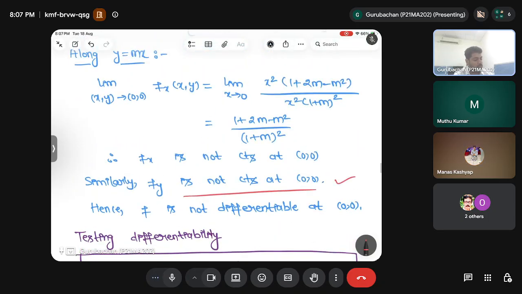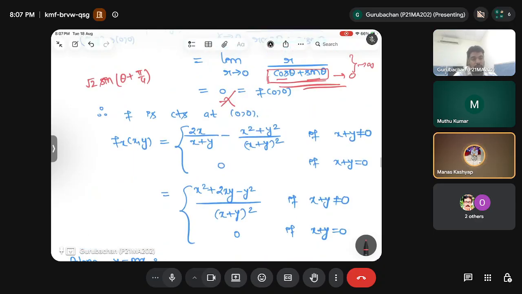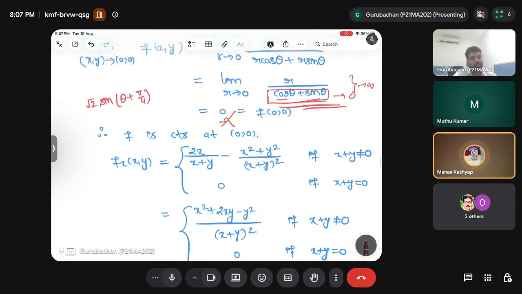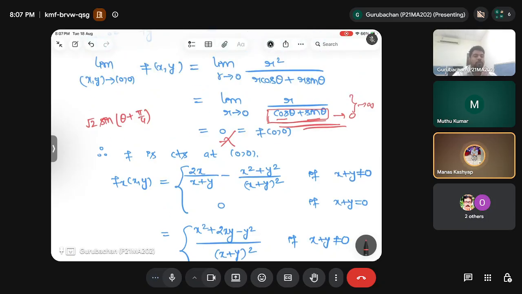If there are one or two doubt points, like pi by 4, 3 pi by 4, minus pi by 4, can we say that the function is not bounded? Let me confirm it. Bounded means it should be bounded for the whole domain.